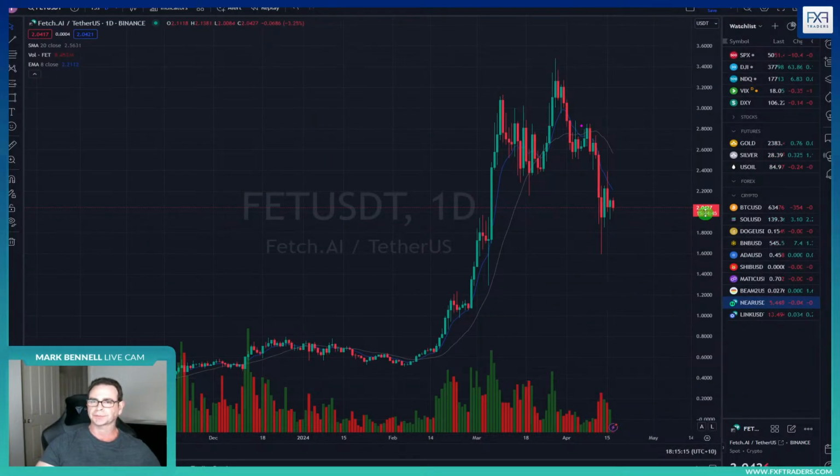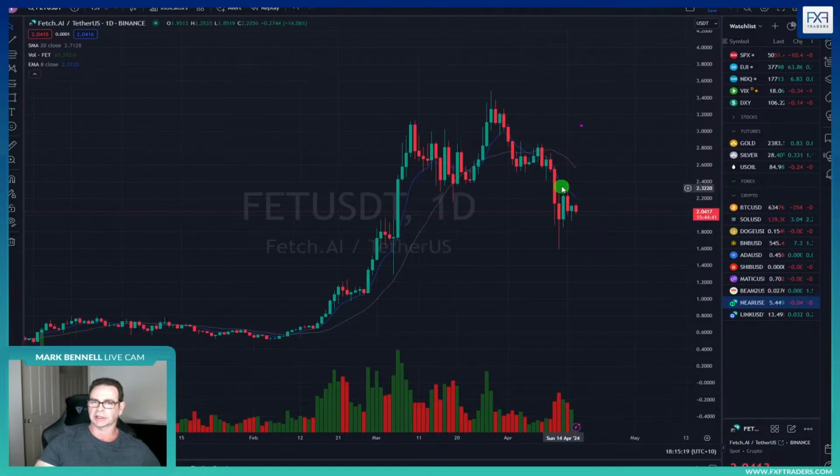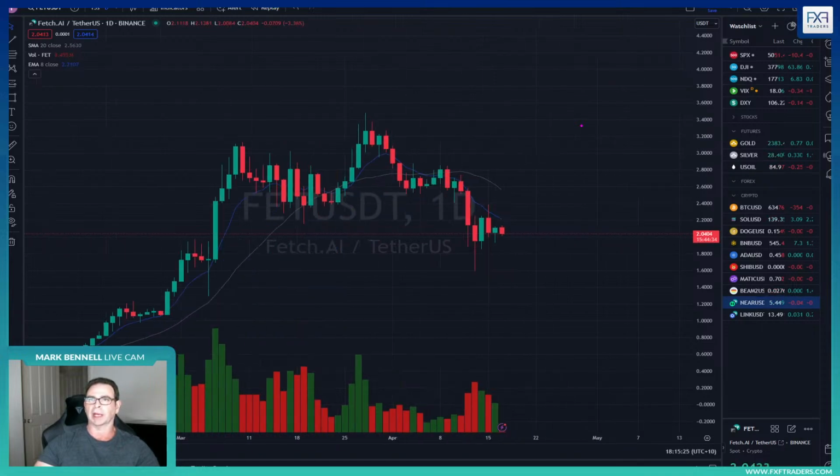Right, FET. Major anchor through here. It's testing it. In the short term it's in a downtrend on the daily. And yeah, we can make a case here for the leg there. So we've got a throw-under, they call it. So look, this is very sharp. Same thing. Would only be interested in this region.